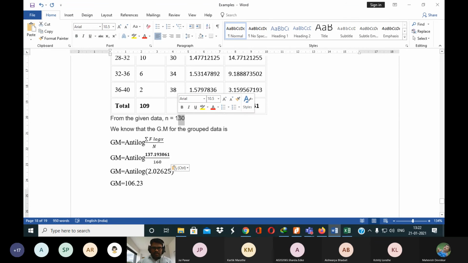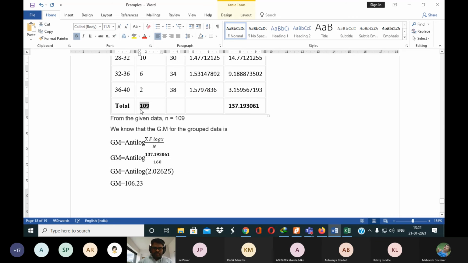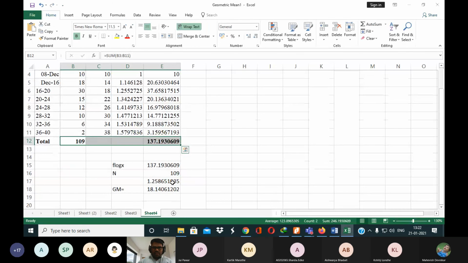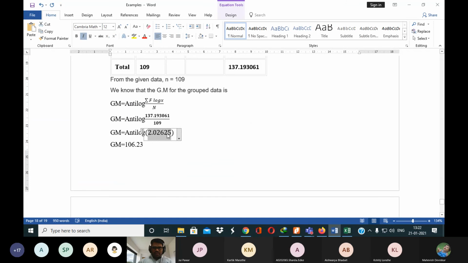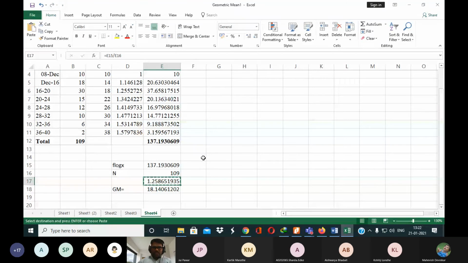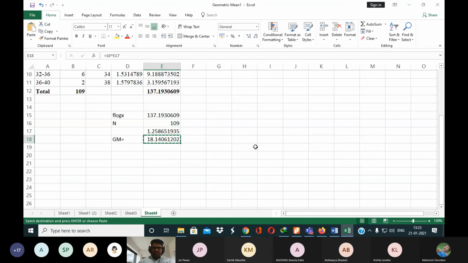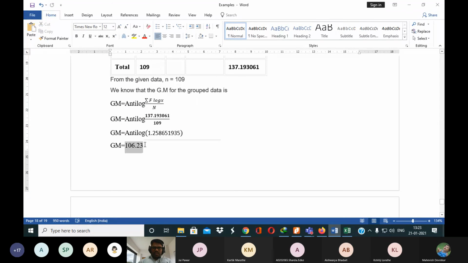Divided by n. n is nothing but 109. So this value here. Then the division value of this is 1.5863. The anti-log of this given number is 18.1406. So is it clear to all of you?